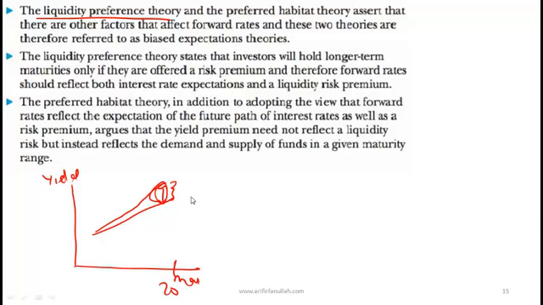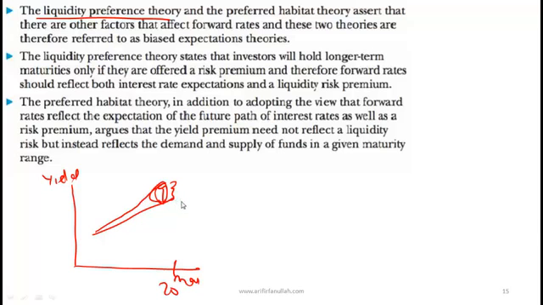Actually, the way you think about it is, what this theory says is that if you look at, say, the forward rates, will the forward rates have this premium built in them or not? Yeah, now you have to think, this is very subtle. The forward rates have the premium built in them.